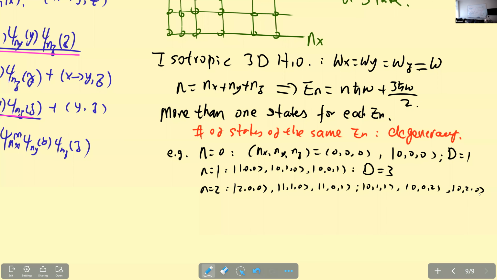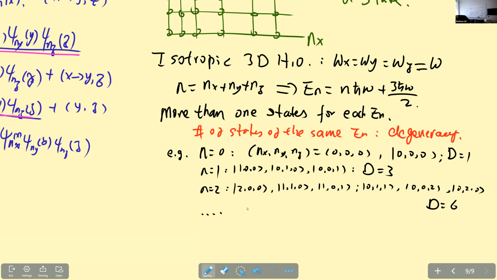This is slightly more difficult to count, right? If it's a 2, there will be 3. If it's 1, 1, there will also be 3. There should be 6, right? So the degeneracy D equals 6. So you can have a 2 on any one, or you can have 1, 1 on two of them. So you choose one state to be 2, or you choose two states to be 1.